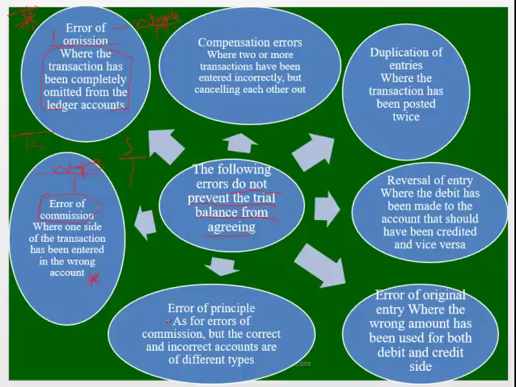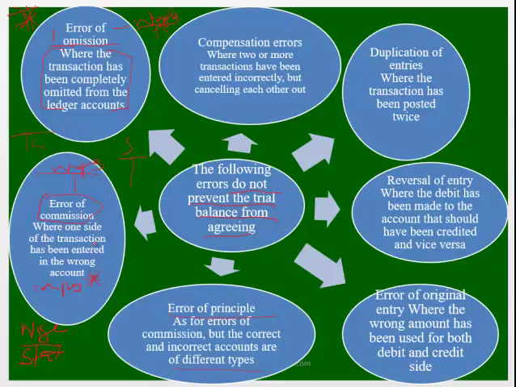Then error of principle. As for error of commission, the correct and incorrect accounts are of the same type. What we discussed here is that we have two expense accounts, wages account and stationery account.